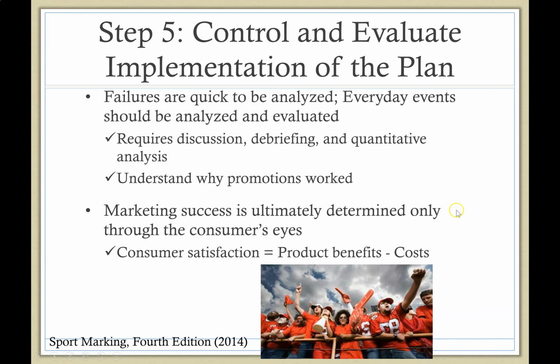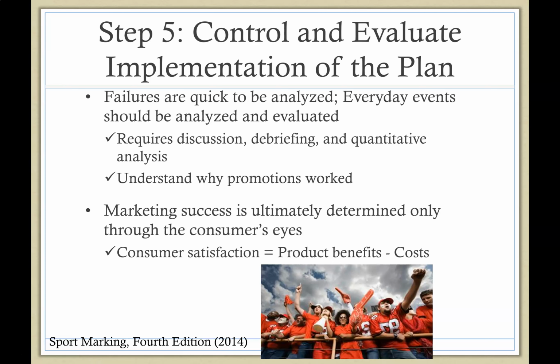And then our last step is we have to implement this plan and control it. So we're going to have good things happen. We're going to have bad things happen. We have to continually discuss, look at data, and understand what worked and what didn't work.